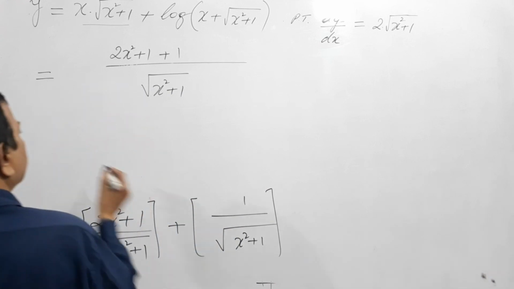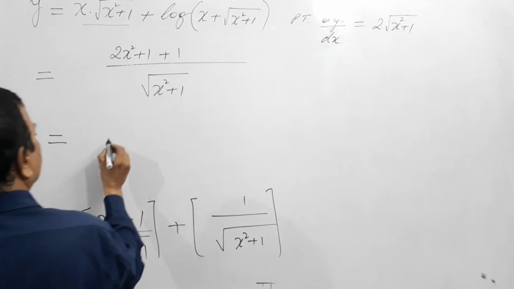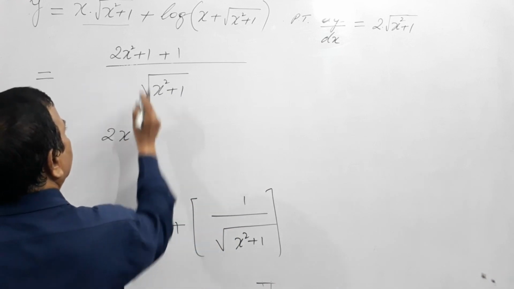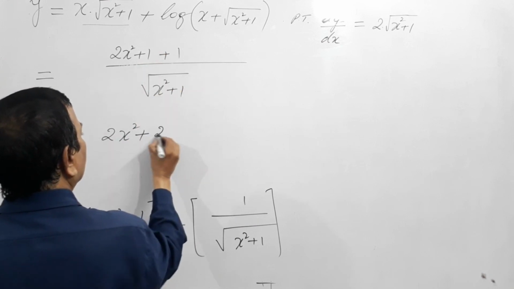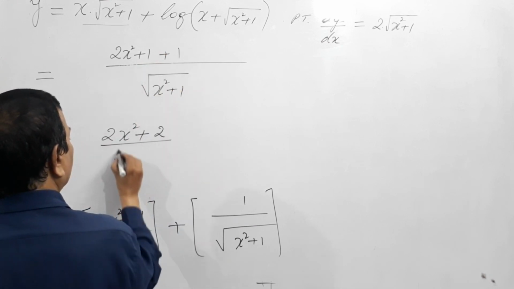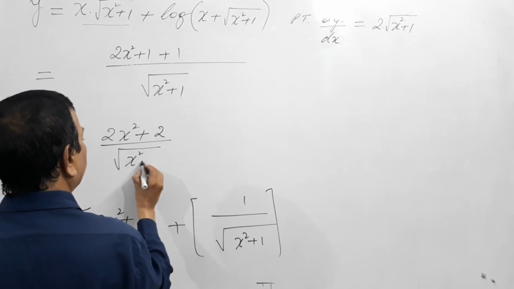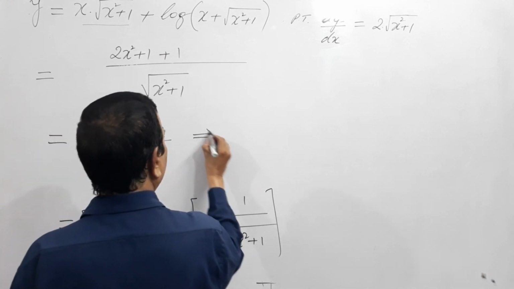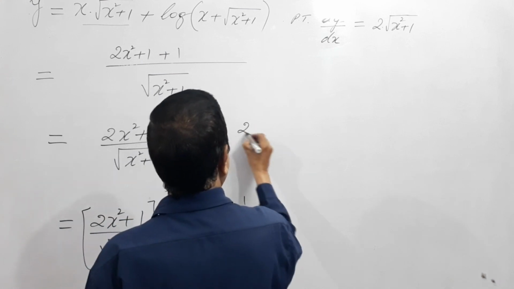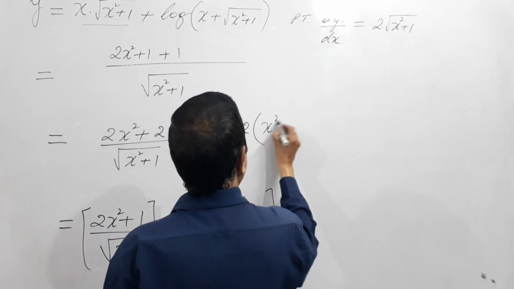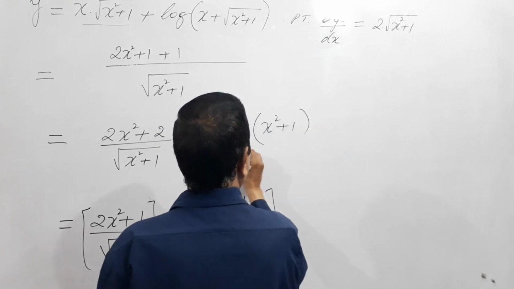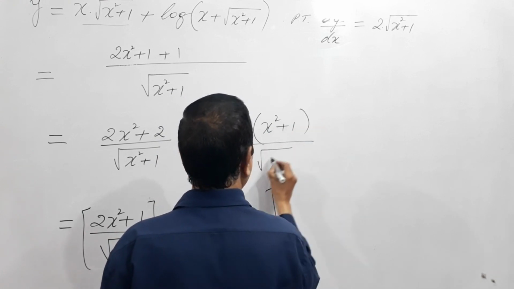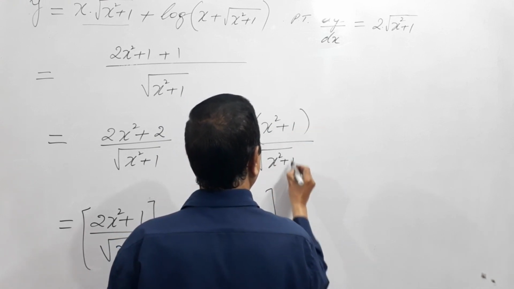So what I'll do, this equals to 2x square, 1 plus 1 is 2 by under the root x square plus 1, which is nothing but, I take 2 common, that becomes x square plus 1 by under the root x square plus 1.